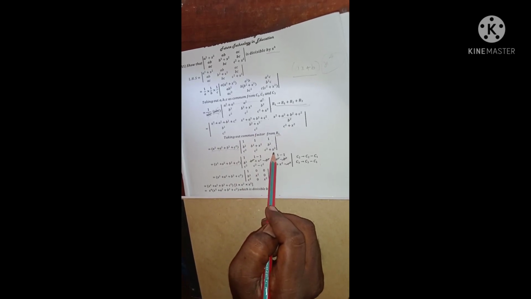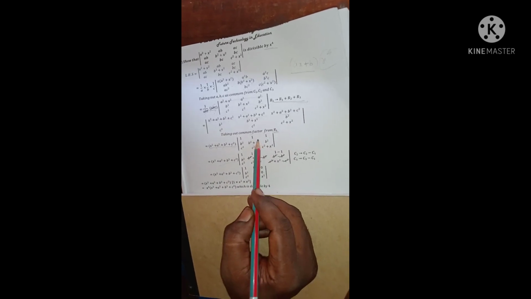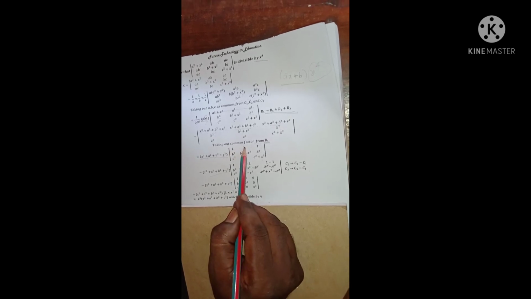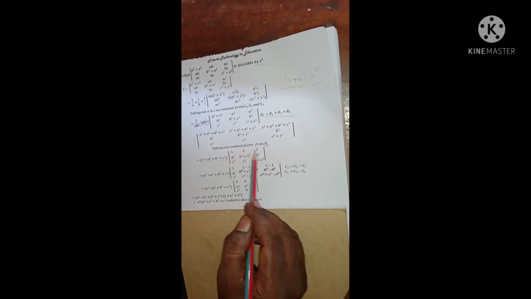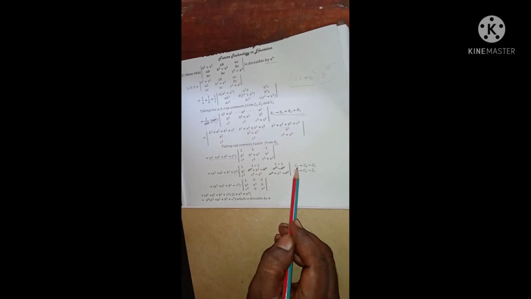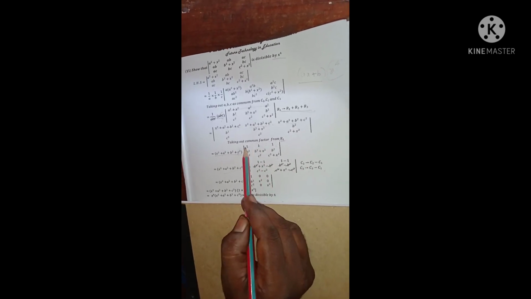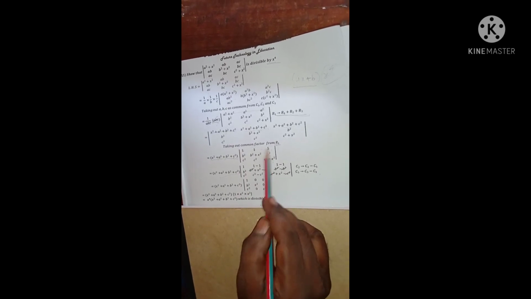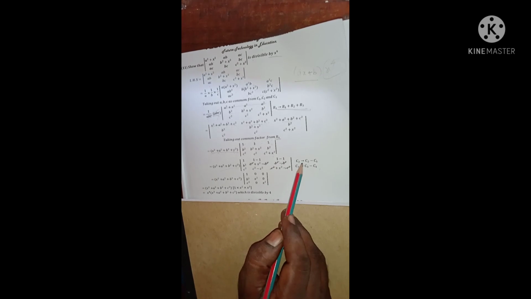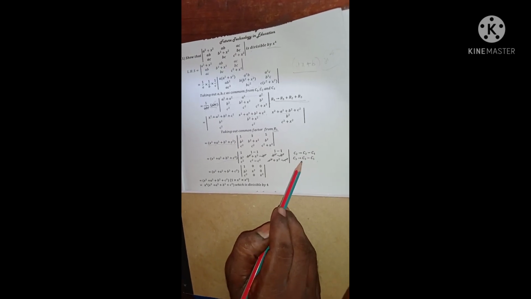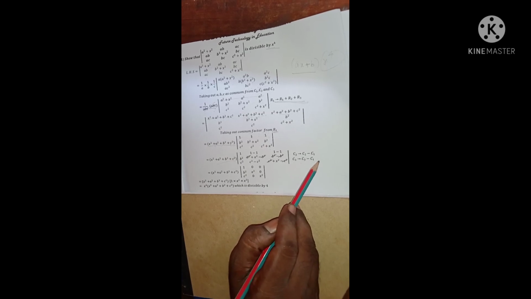Now we make any two terms 0. How do we make that? If we subtract 1 minus 1, we get 0. So column 2 becomes column 2 minus column 1, and column 3 becomes column 3 minus column 1. That is C2 goes to C2 minus C1, and C3 goes to C3 minus C1.